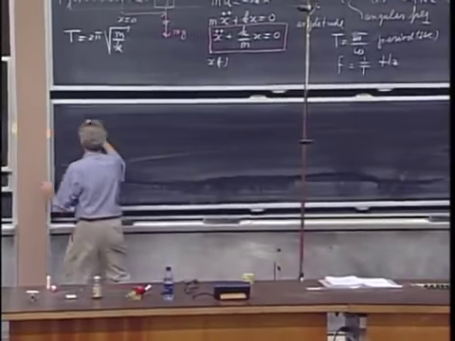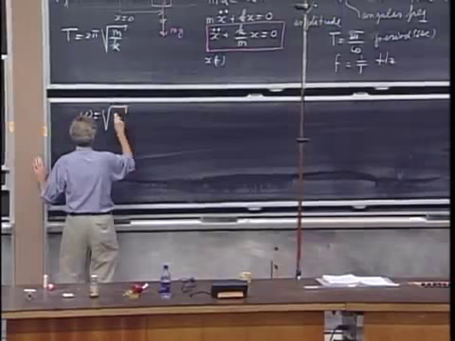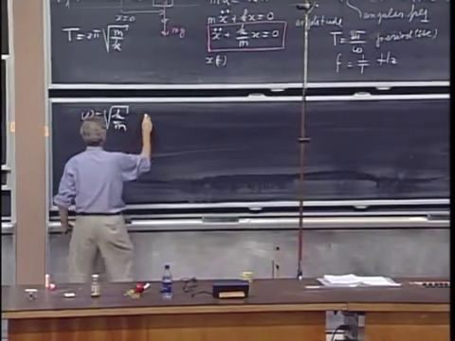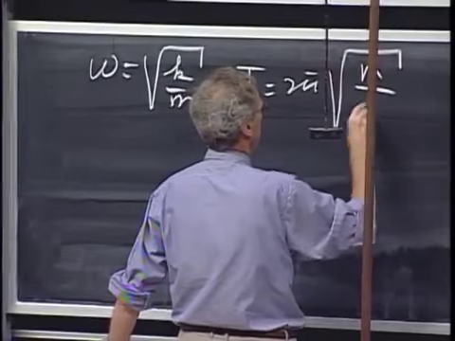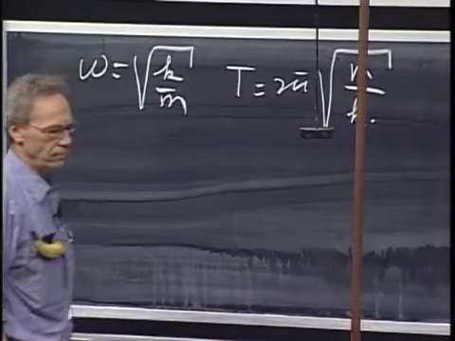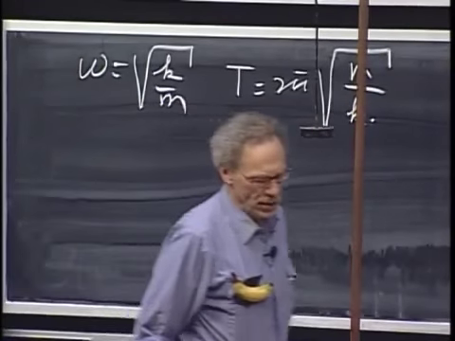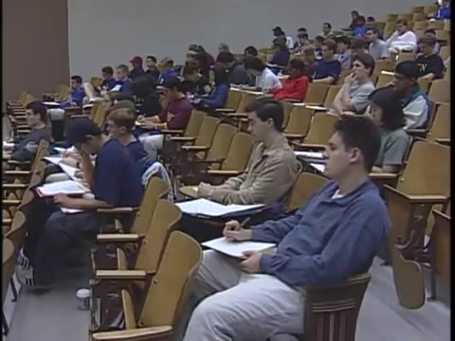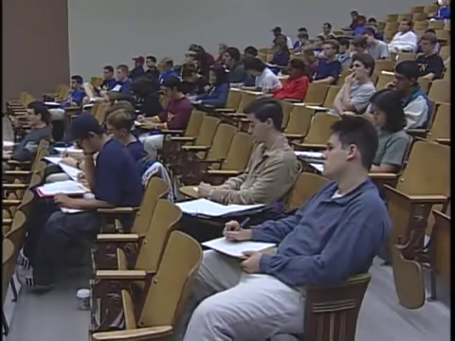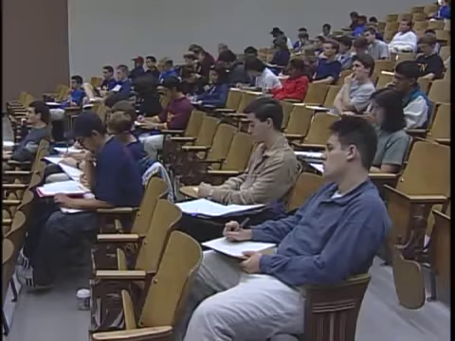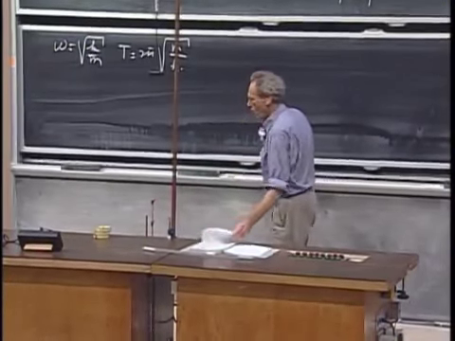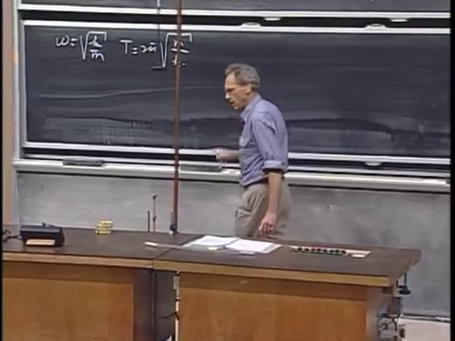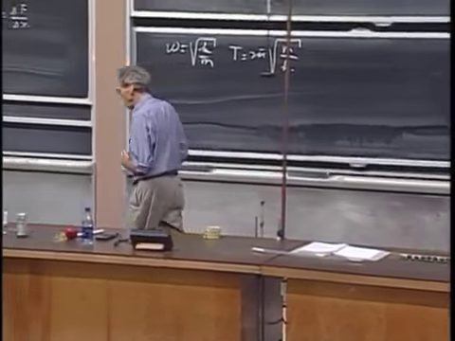So we have omega equals the square root of k over m, and the period is 2 pi times the square root of m over k. And what is striking, really remarkable, is that this is independent of the amplitude, and it's also independent of this angle phi, this phase angle. What is this business of this phase angle? It's a peculiar thing that we have there.